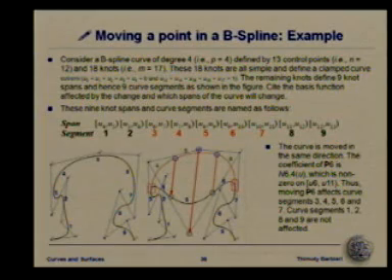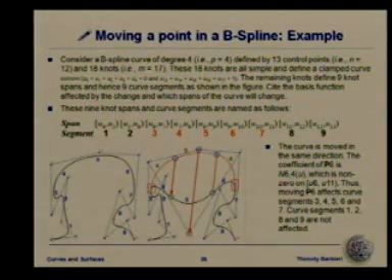Portions number 1 and 2 and portions number 8 and 9 will not be affected by the movement of control point 6. And as you can see, the effect of moving P6 from the original curve to the new curve is actually that everything from here, so span number 3, 4, 5, 6, until 7, is changing.